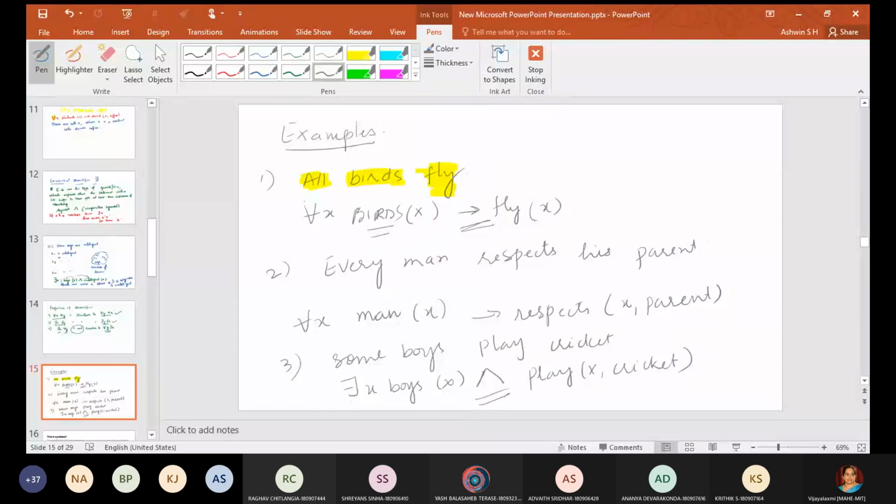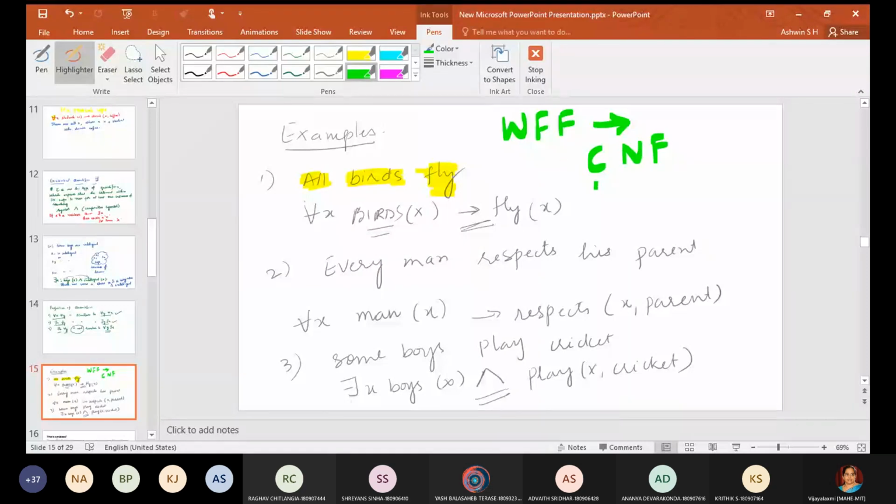Next class, I will be discussing an important topic, that is WFF, well formed formula, and how to convert a well formed formula to conjunctive normal form.